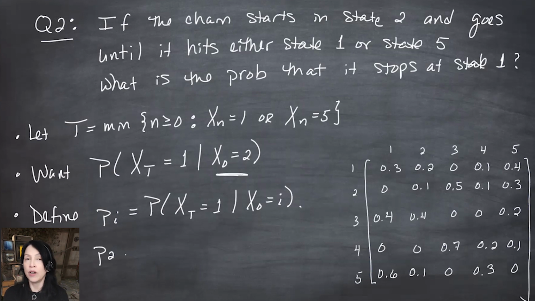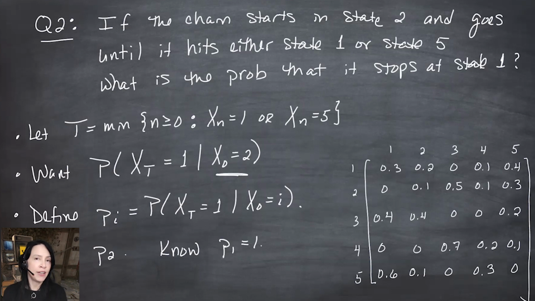And we already know a couple of probabilities here. If the chain starts in state i and goes until it hits 1 or 5, what is the probability that it stops in state 1? So if we start in state 1, we're stopped instantly, and we stopped in state 1 with probability 1. So we know that p1 is 1. And if we start in state 5, we've hit that stopping rule and we've stopped instantly.